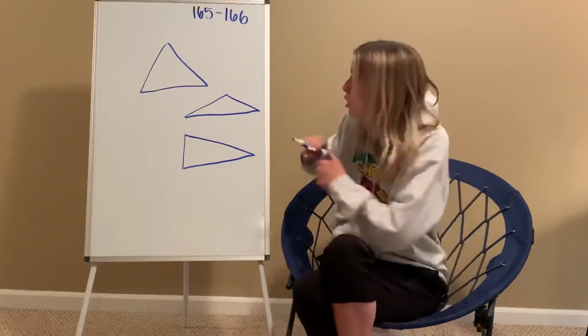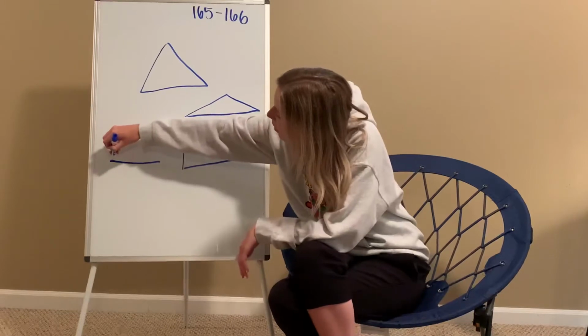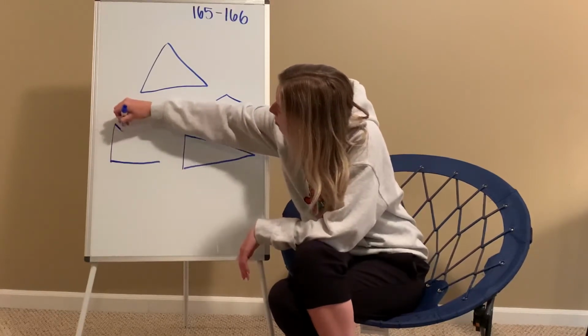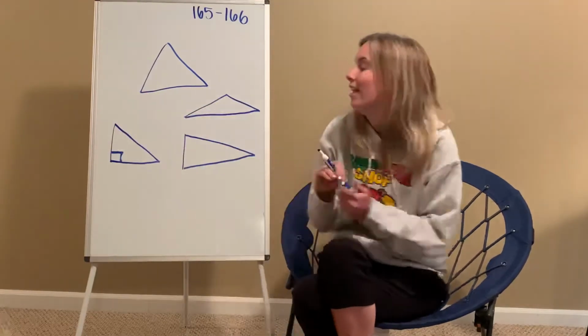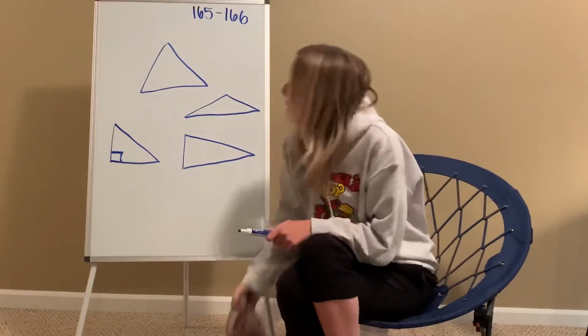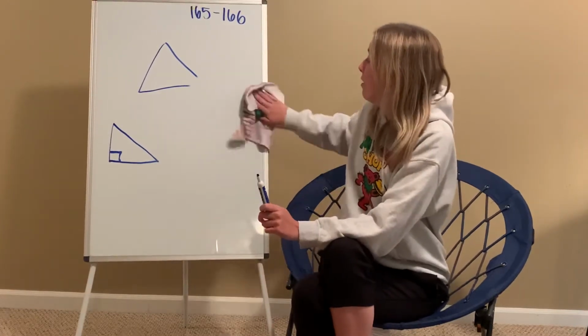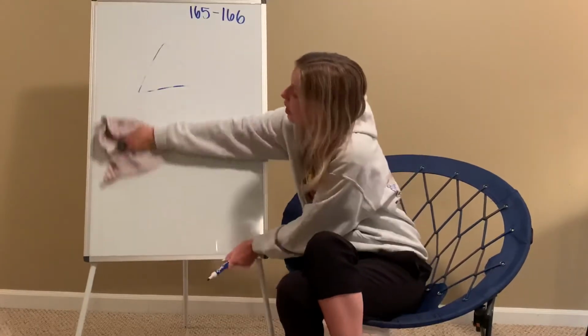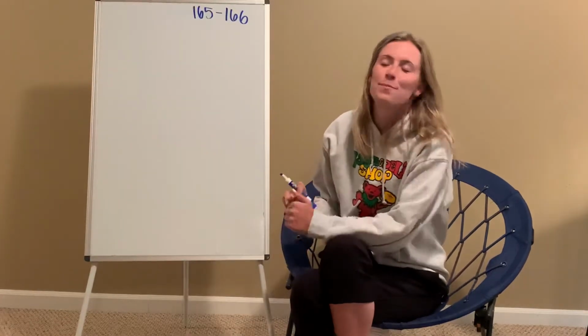And if I make one that looks like this, I can make a perfect square angle in a triangle. That's kind of fun, right? So the most important part about a triangle is that they have three sides, and it doesn't matter about the lengths.